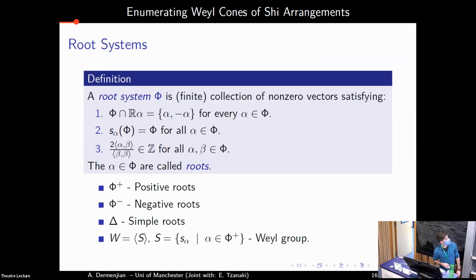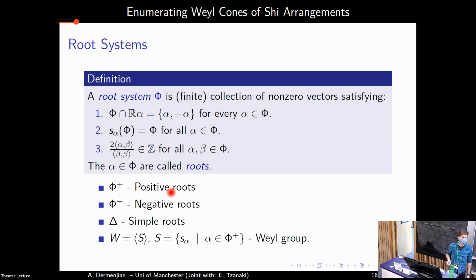Root systems, I think most people have seen root systems before, but we're going to be focusing on crystallographic root systems here. So this is where the Weyl group notion is coming from. So we have some set of vectors that is generating our hyperplane arrangement. Every vector is going to give us some reflection.